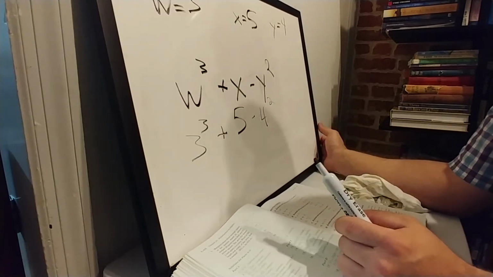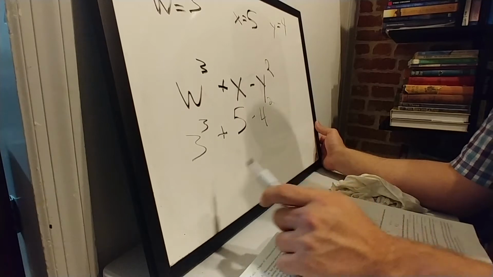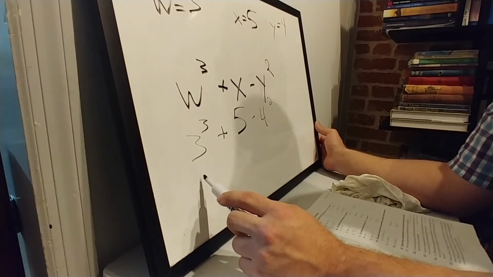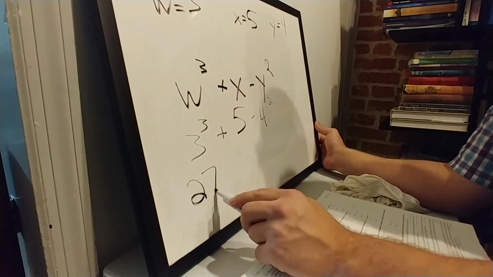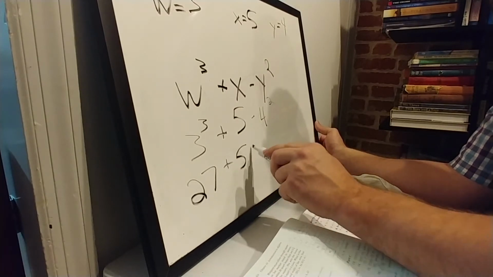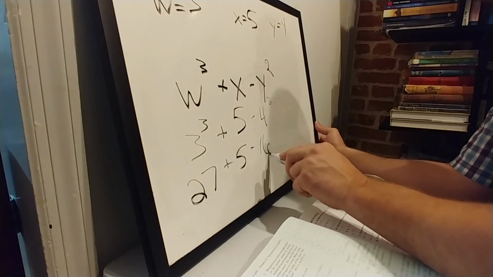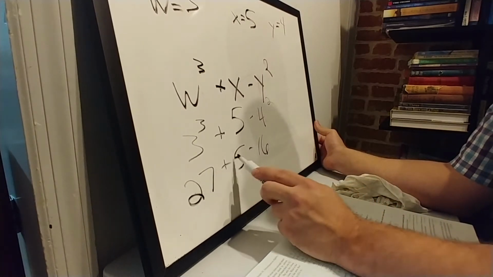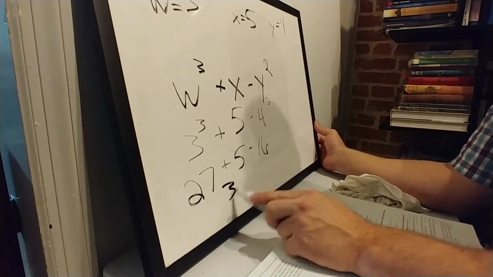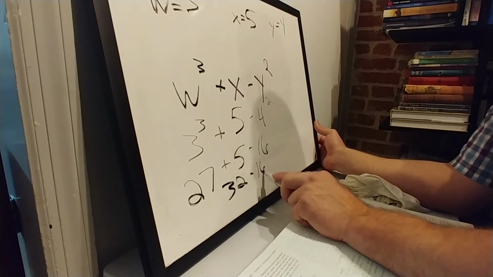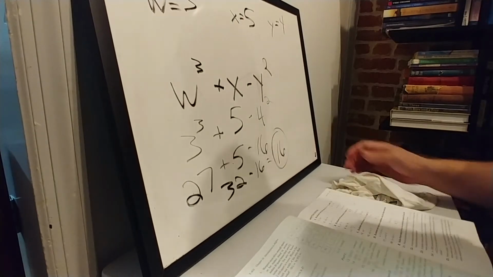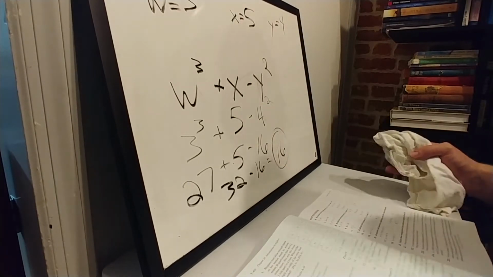Now, if you remember, the first operation you always do is figure out your exponents. 3 cubed is 3 times 3 times 3 is 27, plus 5 minus 4 times 4, 16. Then you do addition and subtraction in the order they come. So you have 27 plus 5, which is 32, minus 16 equals 16. And your answer should be 16 for number 5.